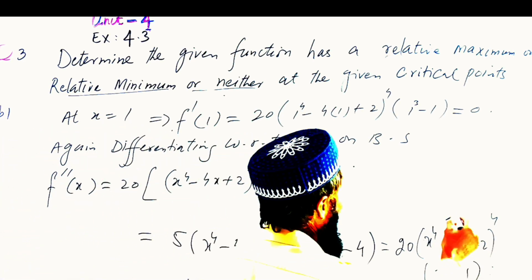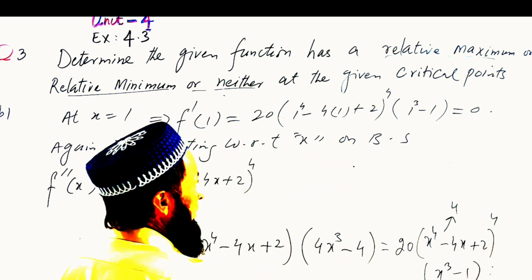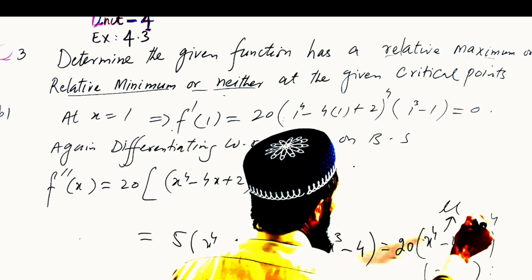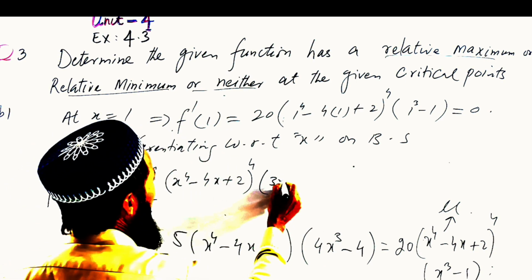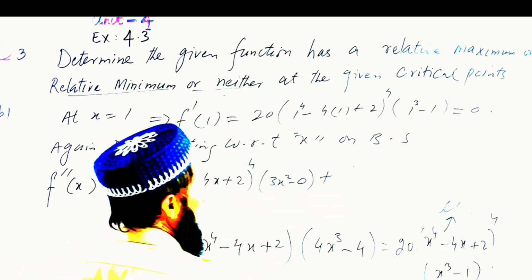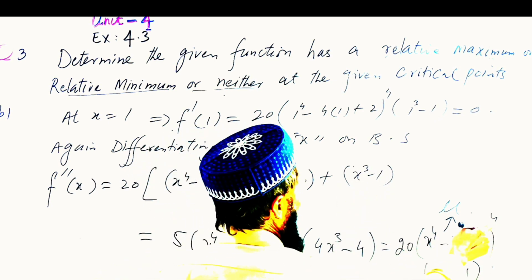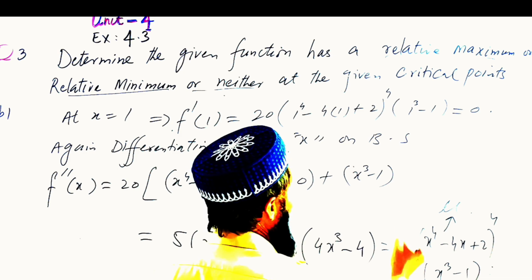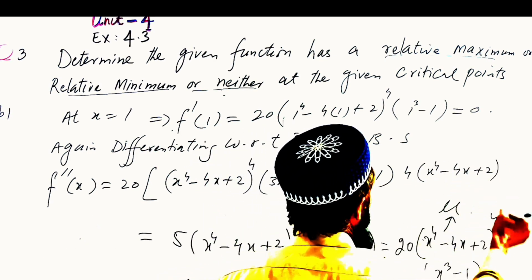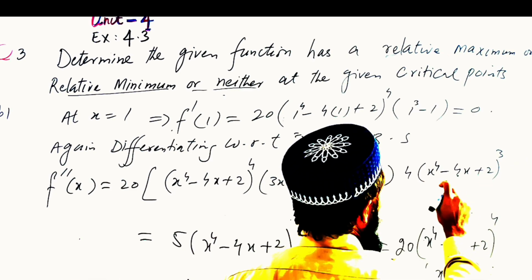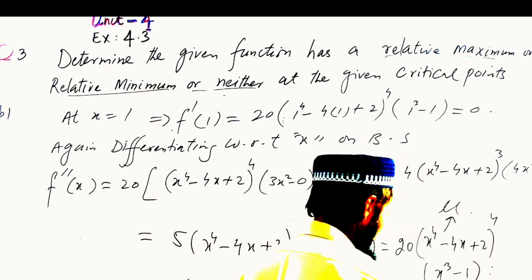We consider this term u and this v. The derivative of x cube minus 1 is 3x square, and constant is 0, plus (x cube minus 1) and further the derivative of the first function u dash, 4 into (x power 4 minus 4x plus 2) power 4 minus 1, which is 3, and further the derivative of this function, we get 4x cube minus 4.